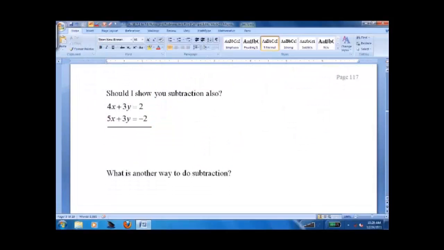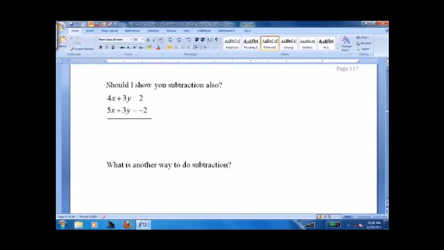Now, some people do subtraction, so 4x minus 5x is negative 1x, 3y minus 3y vanishes. 2 minus negative 2 is 4. Divide both sides by negative 1, and we get x equals negative 4.